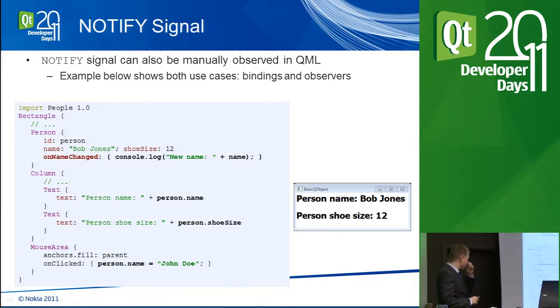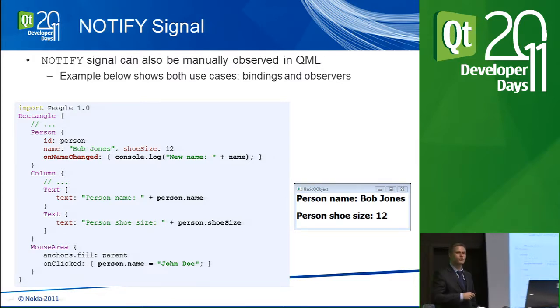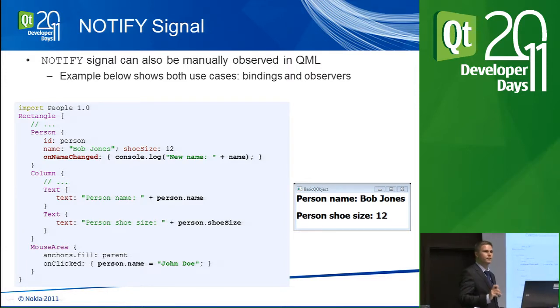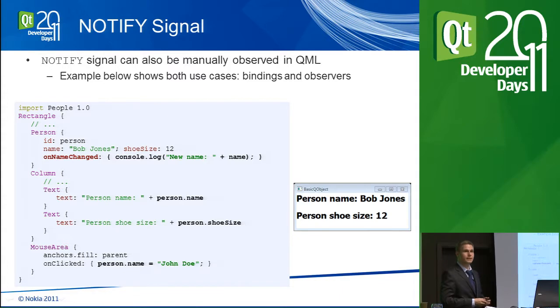Okay, so where was I? Oh yeah. By this code, what we have is a custom type for QML, which is implemented completely in C++, then brought into the QML context, and we are able to use it in QML.